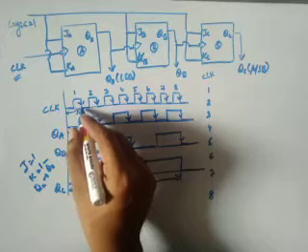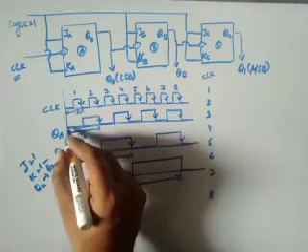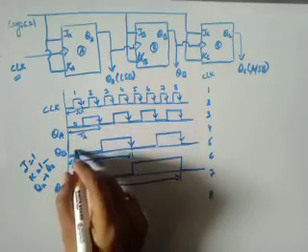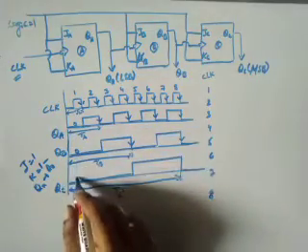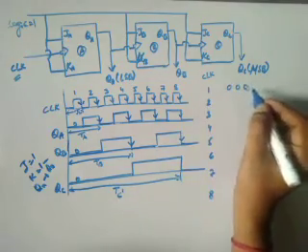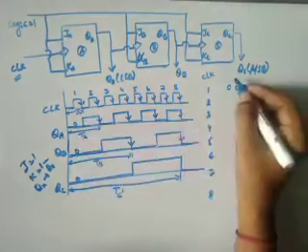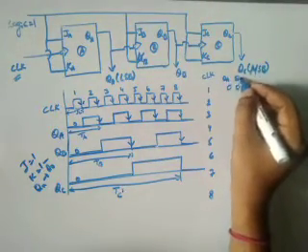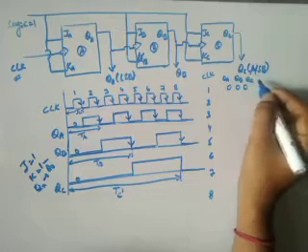Up to the first clock period, the value of QA is 0, the value of QB is also 0, the value of QC is also 0. Therefore 0 0 0. The first 0 represents the LSB, this is QA, this is QB, and this is QC.